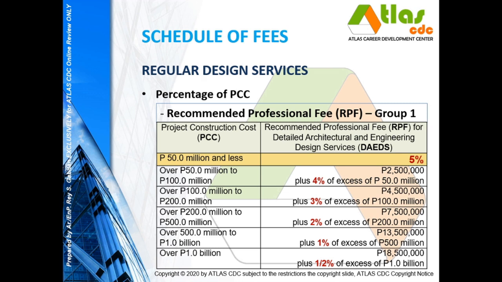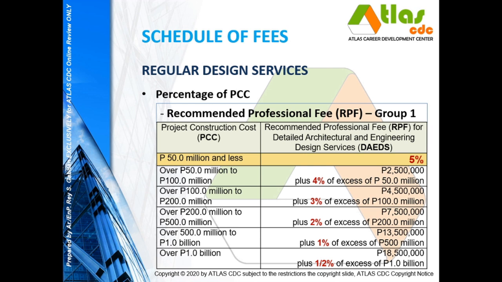However, if the project cost would exceed 50 million up to 100 million, then you have to lower down the percentage to the amount that will be in excess of 50 million. So instead of 5%, nagiging 4% na lang.